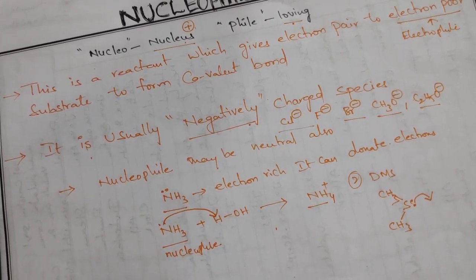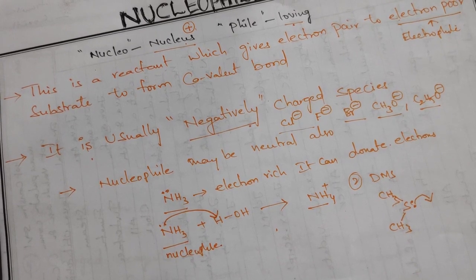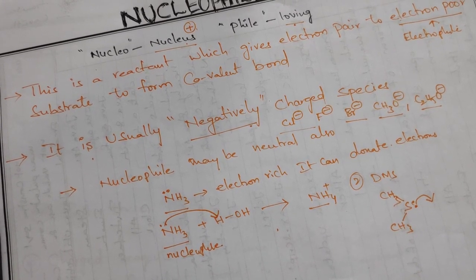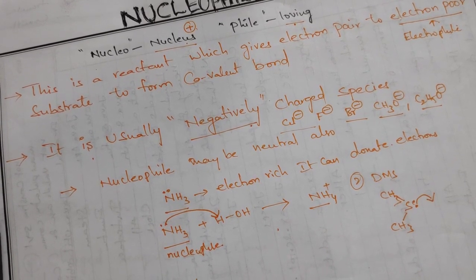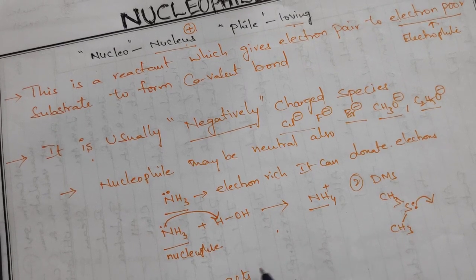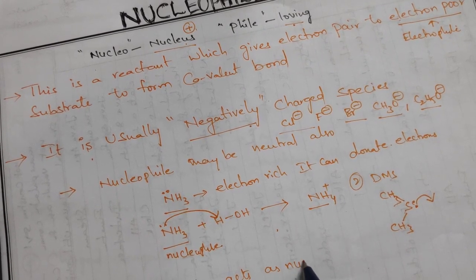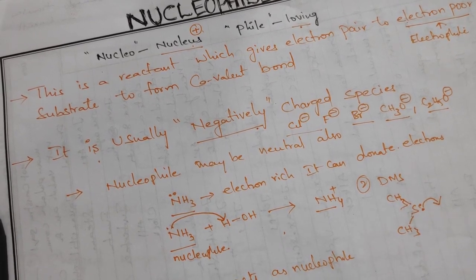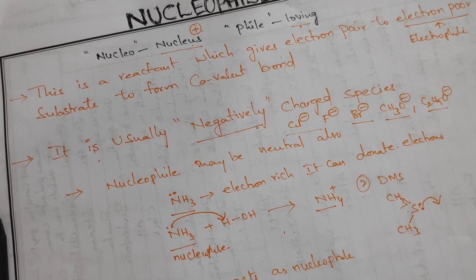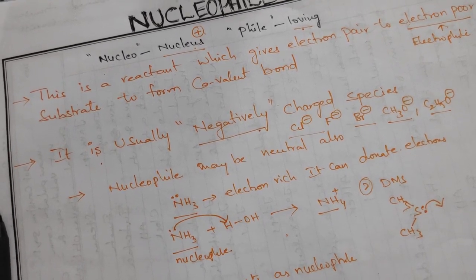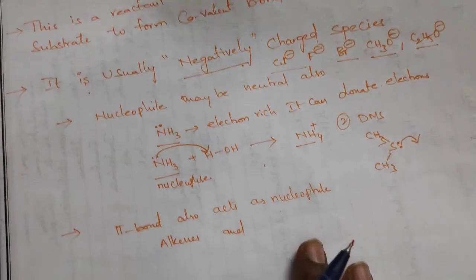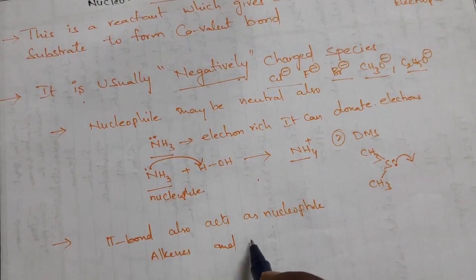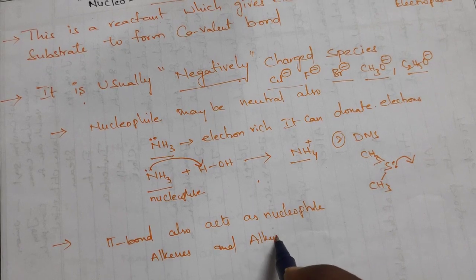Sometimes a pi bond also acts as a nucleophile. A pi bond is present in alkenes and alkynes.